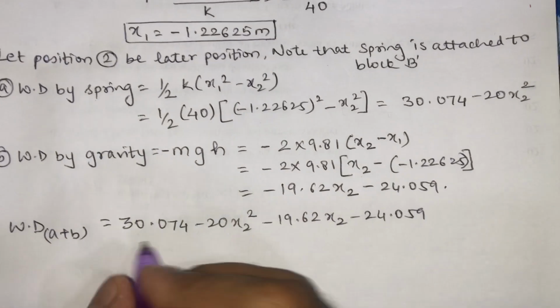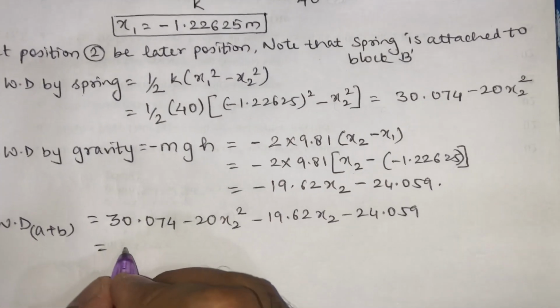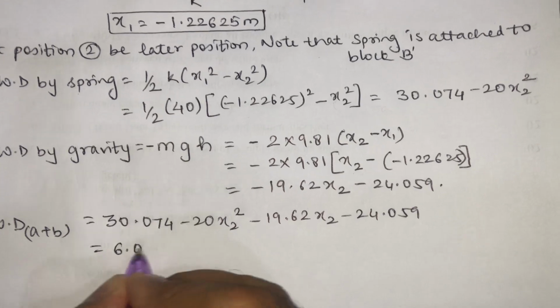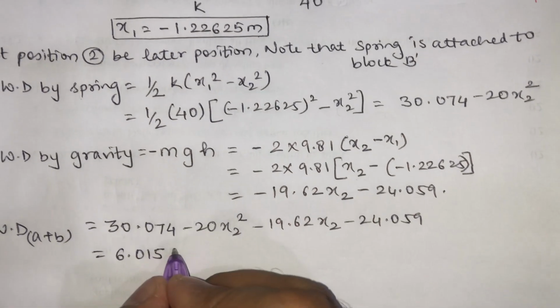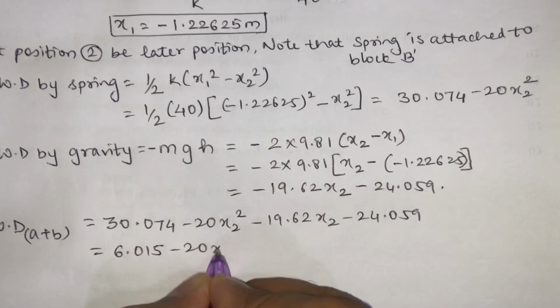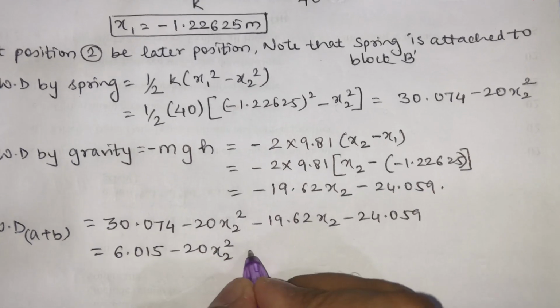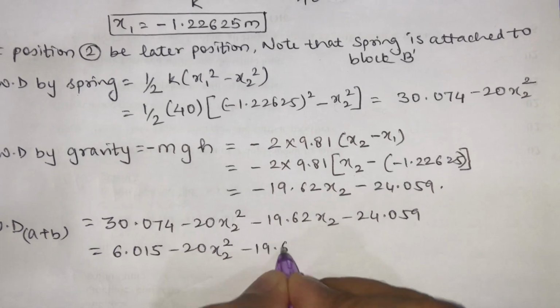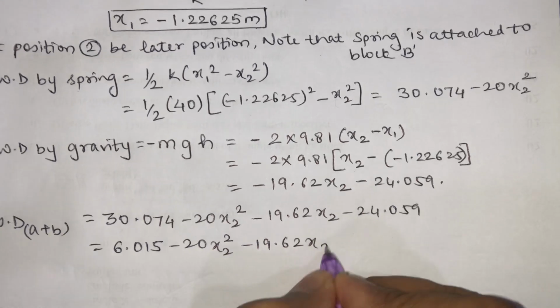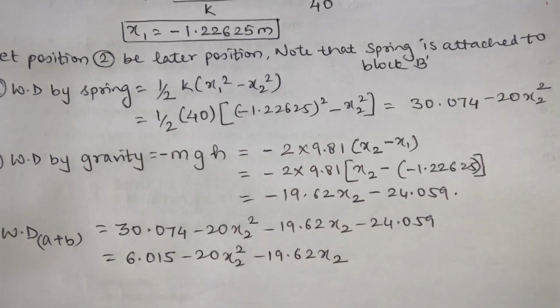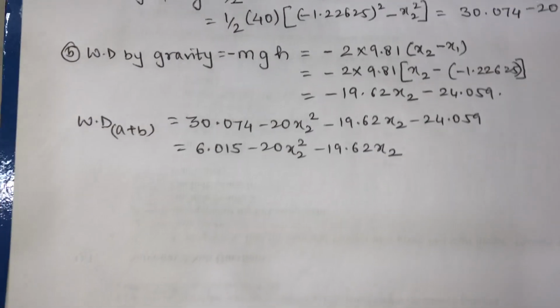If we equate this, I'll get 6.015 minus 20 x2 square minus 19.62 x2. This will be the work done.